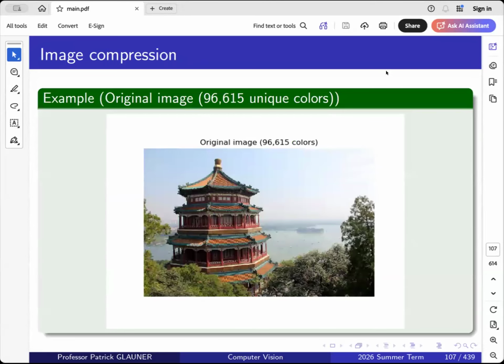So we have this original image, and this image has 96,615 unique colors. This photo was taken somewhere in Southeast Asia.